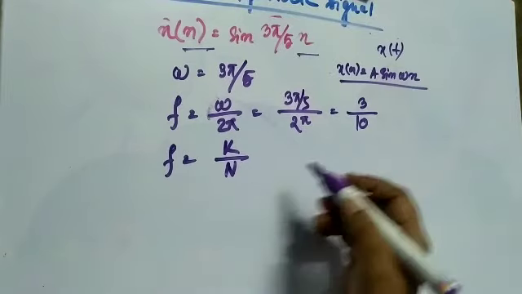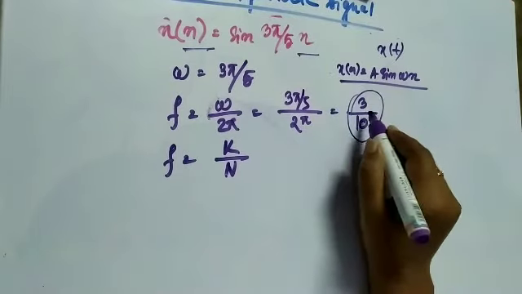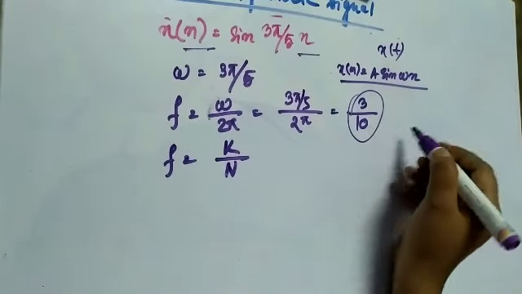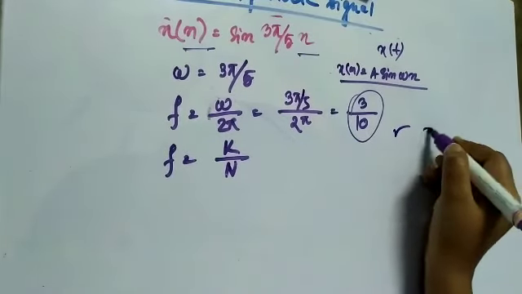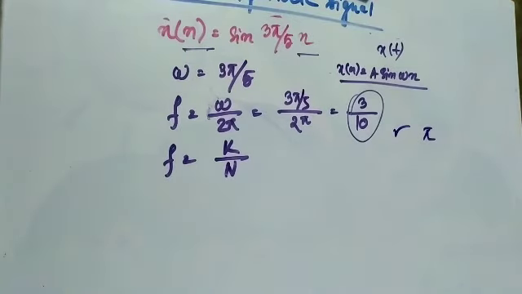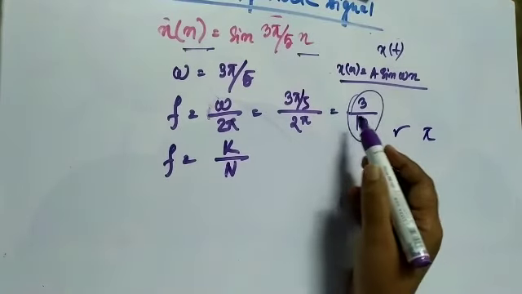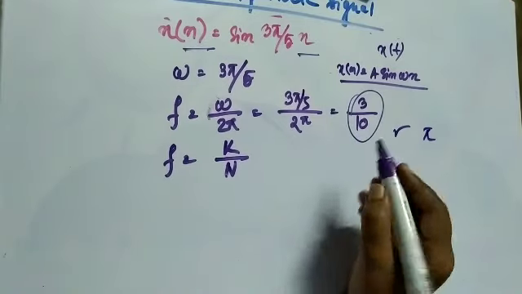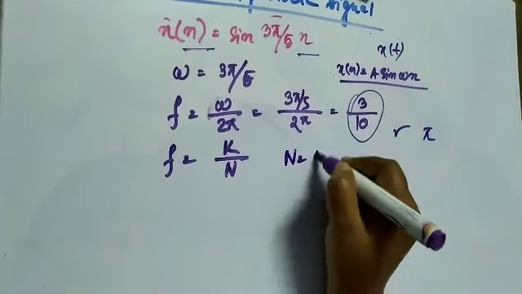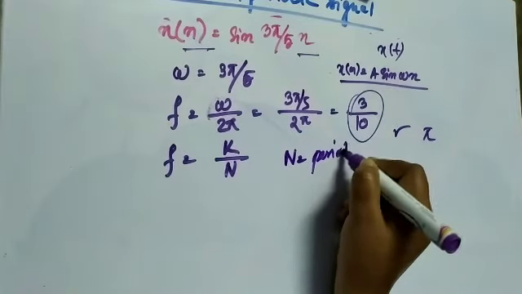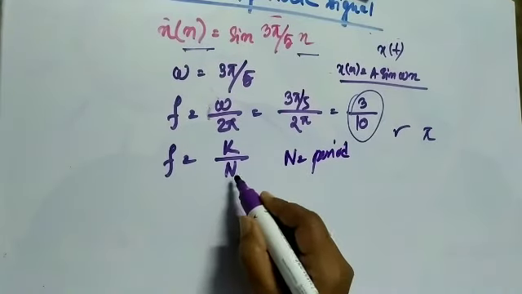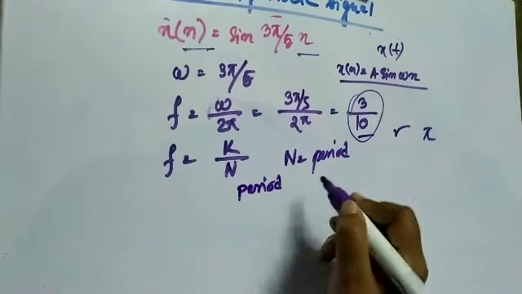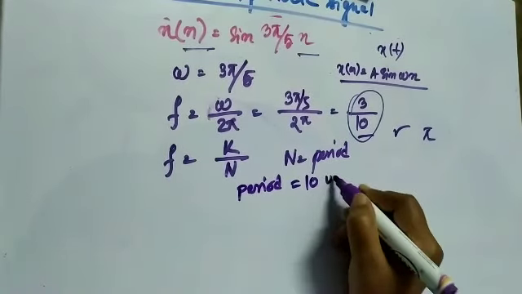Here k by N is a rational number because in 3 by 10 there is no irrational term like root or pi. Hence, the signal is periodic. And as N is the period of the signal, the value of N here is 10. So the period of this signal is 10 unit.